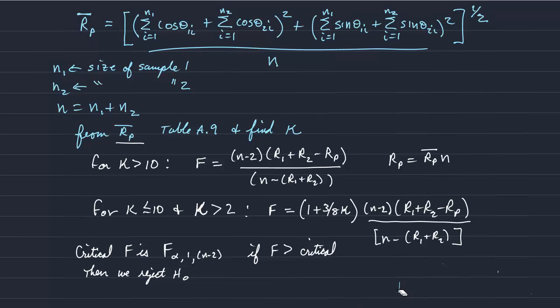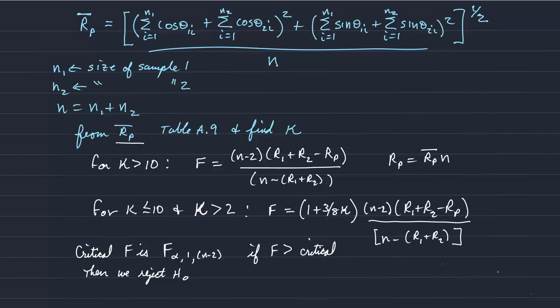That is, the difference between the sum of the resultant vectors and the pooled vectors is just too large for them to be equivalent. If they were exactly equivalent, then the difference in the numerator here would be 0.